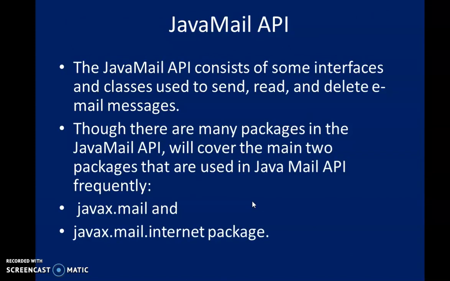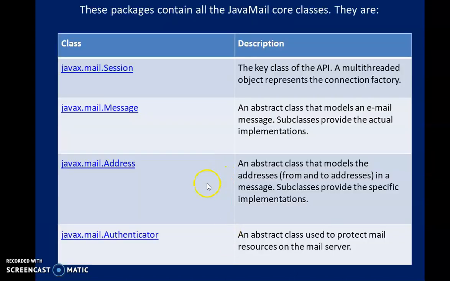And next, what are the packages used in this? They are javax.mail and javax.mail.internet. What classes do these packages contain? One is javax.mail Session, then Message, Address, and Authenticator. These are all used for connectivity and for creation of sessions. Address is used to model the to and from addresses.